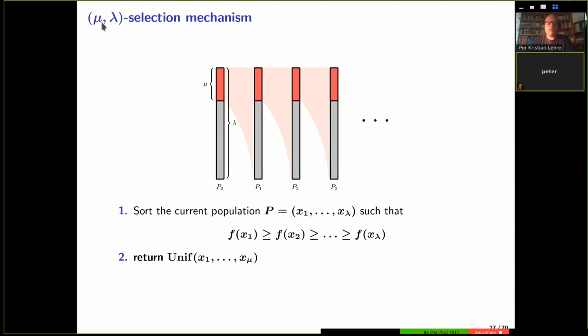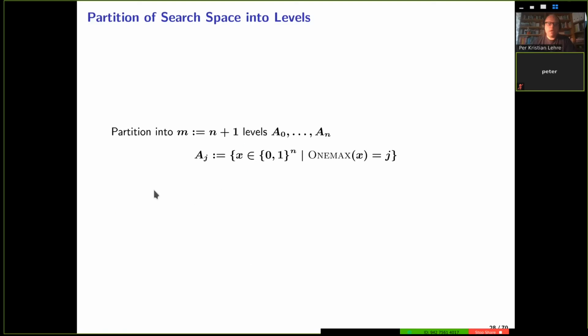Let's look a bit at the selection mechanism. At a particular time, let's say time 0, we have lambda individuals. We sort all the individuals according to fitness, and then we pick uniformly at random from among the mu best individuals. Now in order to use the level-based theorem, we need to partition the search space into levels.